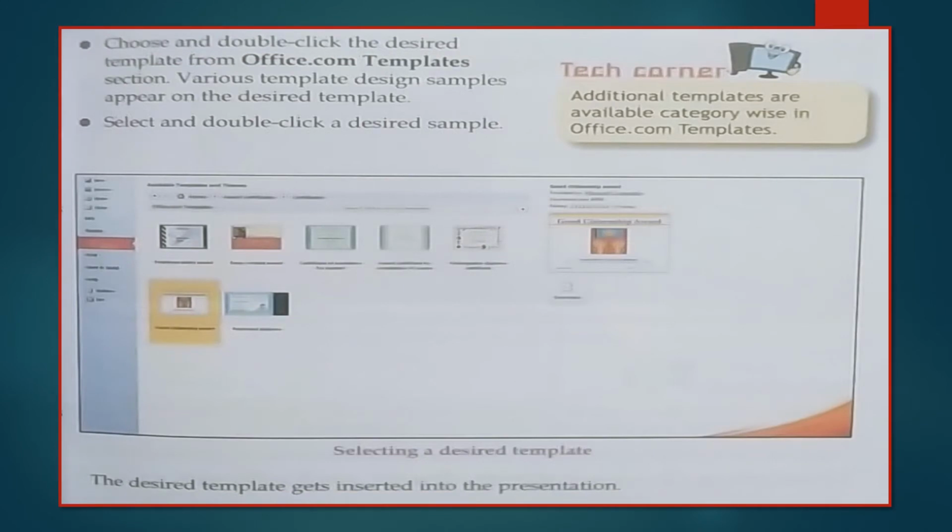Second, choose and double-click the desired template from the Office.com Templates section. Various template design samples appear. Third, select and double-click a desired sample. The desired template gets inserted into the presentation.